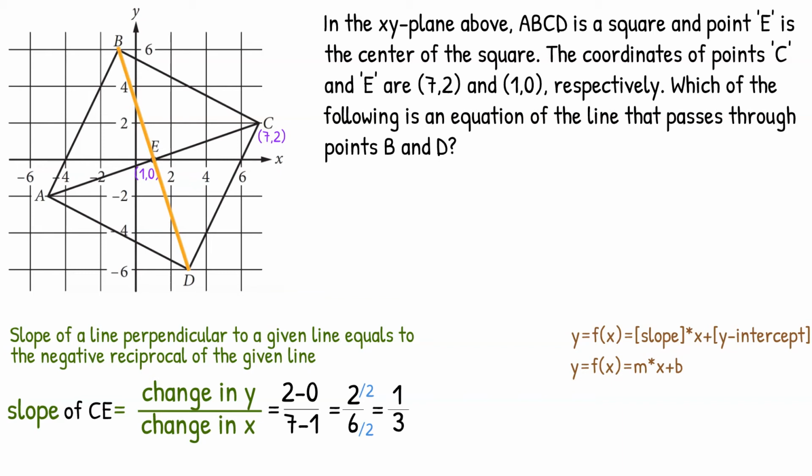We're given the slope of one line, which goes between C and A, and its slope is 1/3. This means that we can use this number to calculate the slope of the perpendicular line, the one we're asked to solve. The negative reciprocal of 1/3 would be -3.